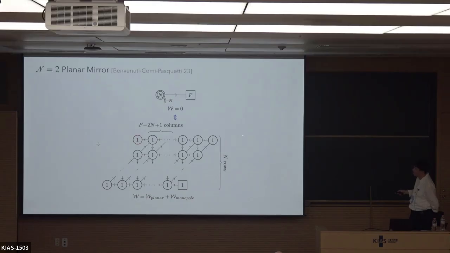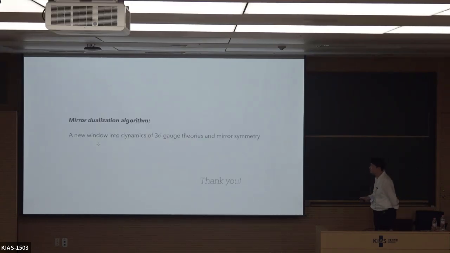It is interesting: if you consider the N=2 SU(N) QCD, it is dual to this abelian planar theory. So there are many interesting directions. The bottom line is that the mirror dualization algorithm is a new window into the dynamics of 3D gauge theories and mirror symmetry. Thank you for your attention.